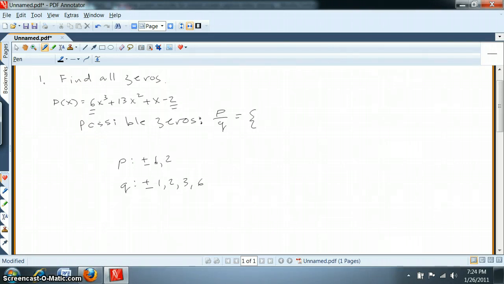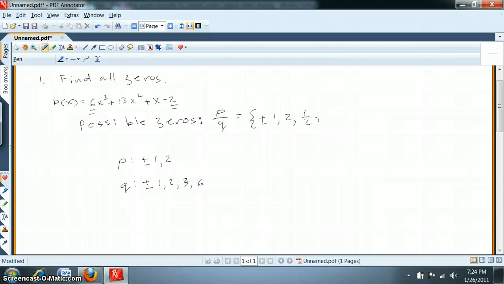So what we're going to do is each p we're going to match with a q. So first of all, 1 and 2 over 1, which means plus or minus 1, 2. We'll start with integers. Then we have 1 over 2. That would be the next one. Then we have 2 over 2, which reduces to 1, so we already have it in the list, so we don't need to write it again.